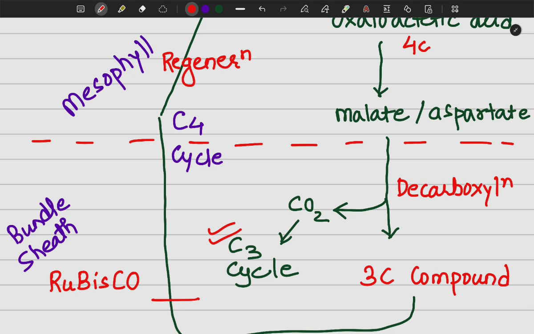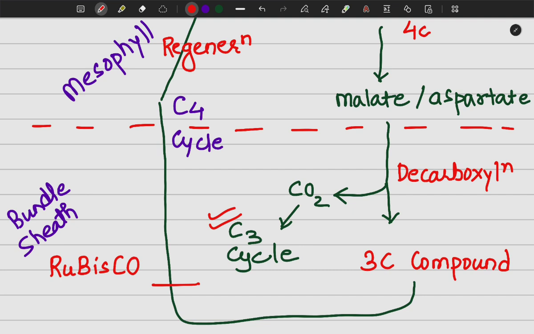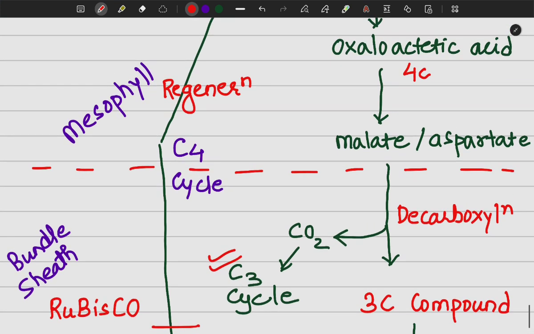So it is important to remember here that in C4 plants, the mesophyll cells lack the Rubisco enzyme, and Rubisco is found in the bundle sheath. Therefore, the C3 cycle occurs in the bundle sheath, and all this special arrangement is to avoid photorespiration.